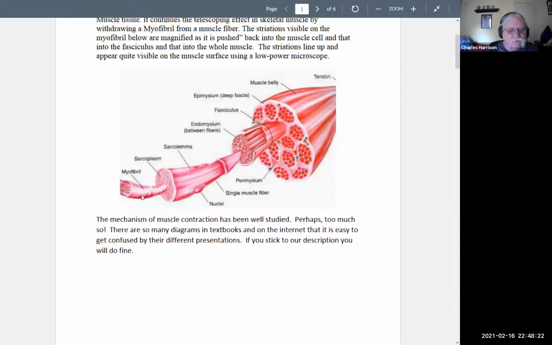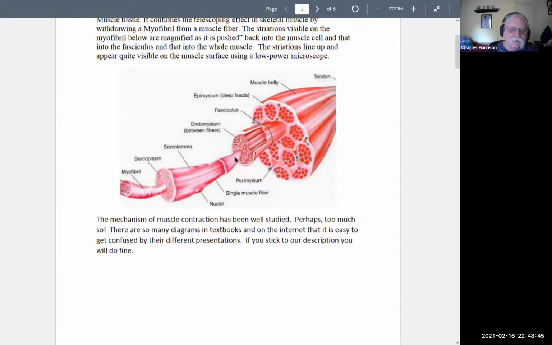You can barely see some streaking here. Well, if I took all the myofibrils, only one is present here, but if I had all of them and I pushed them back in, the streaks would line up and intensify in darkness under the microscope. And this would all be streaked.